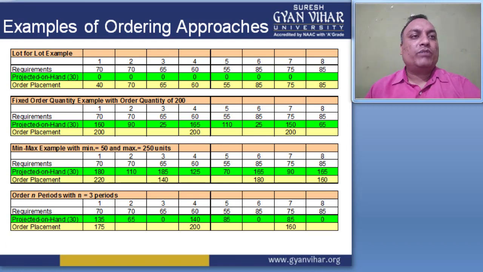Here is the order every n periods, with n equal to 3 periods. This is the requirement of 70, and these are different types of requirements. But here the order is placed at a definite period, like 175 in this period, 200 and 160. So these are the different kinds of examples related to ordering in this EOQ analysis.